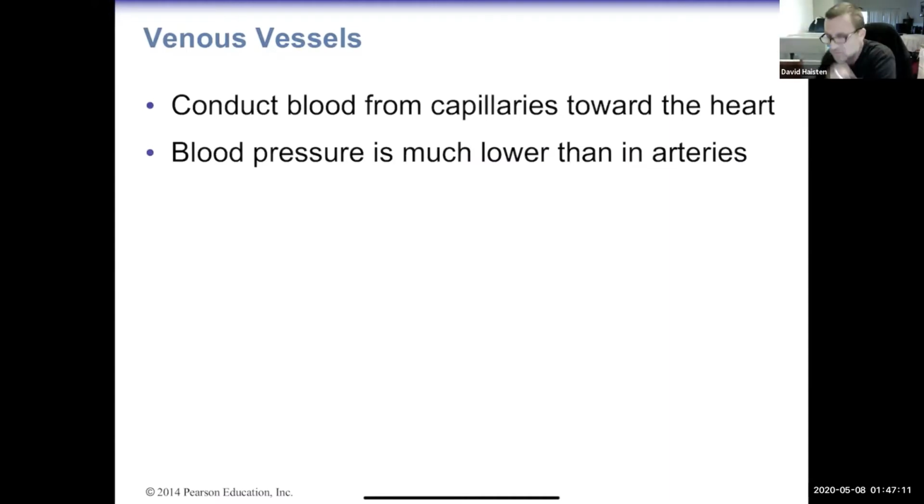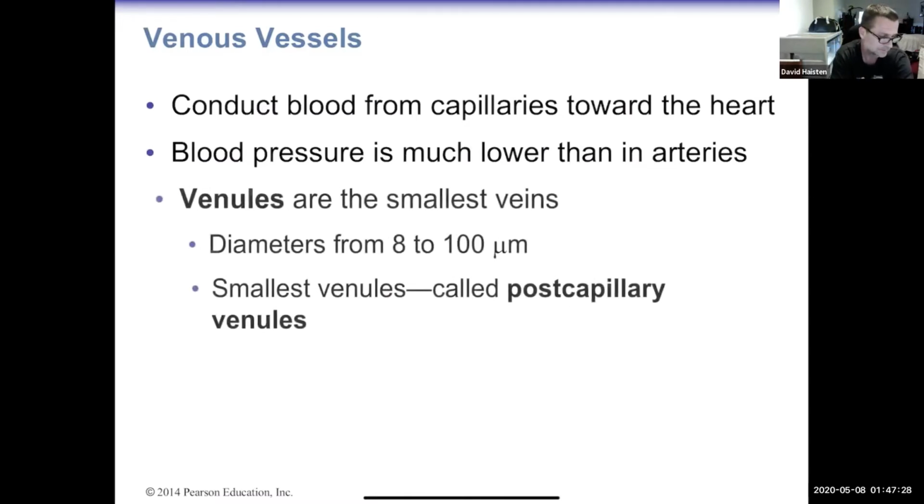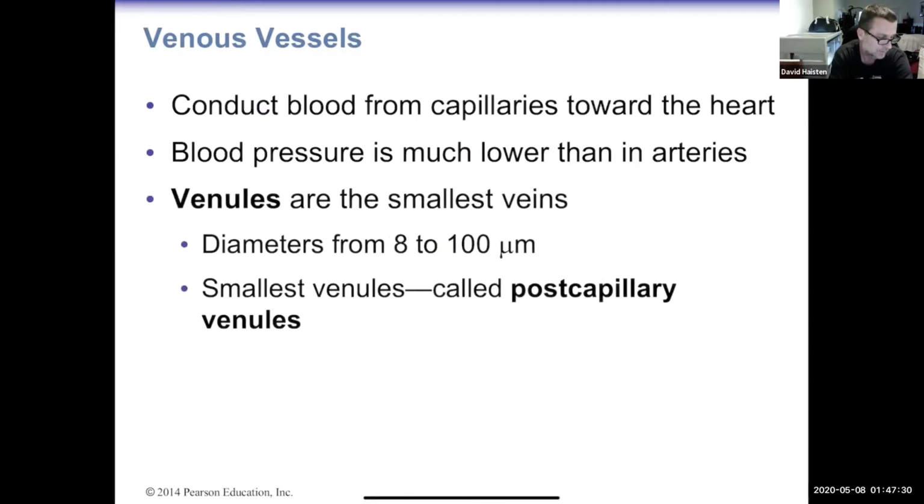As blood moves into smaller and smaller arterioles and finally through the capillary bed, you're going to lose a lot of blood pressure. The blood's all going to pull back together, but it's not going to be moving with the force it was before. Okay. All right, we know venules are the smallest veins, and smallest venules are called postcapillary venules, right after the capillary bed.